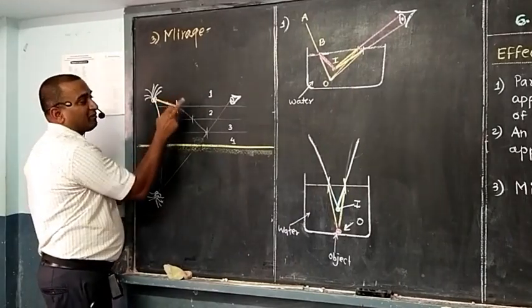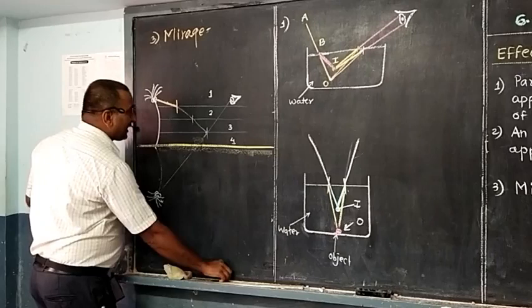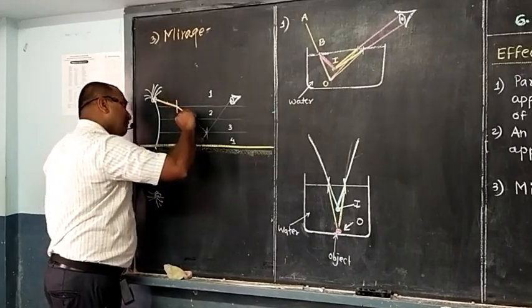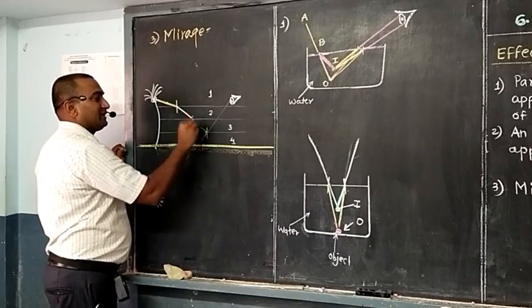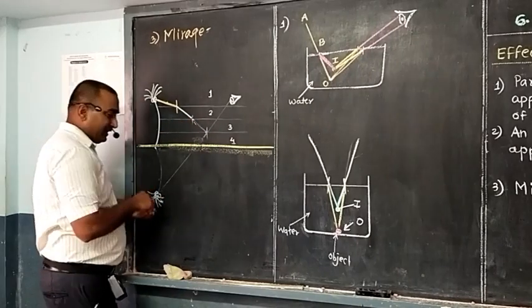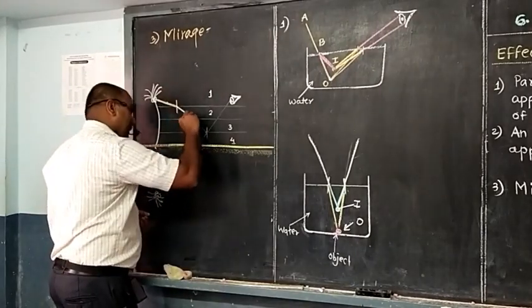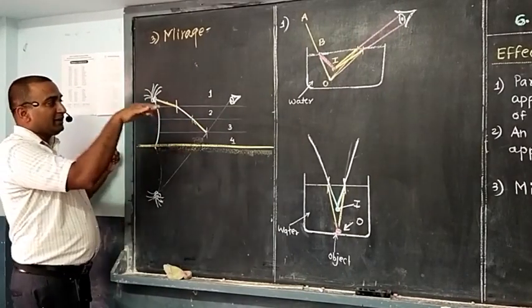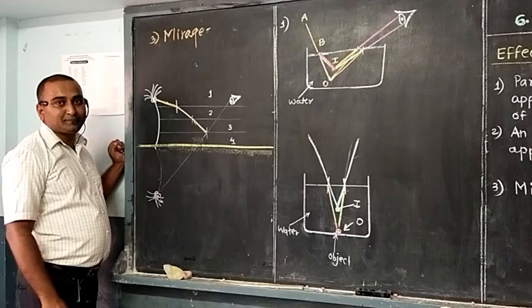When light travels from a rarer medium to a denser medium, the ray should go straight, but it bends away from the normal. Again in the second layer it bends, and then reaches the third layer, bending downward, downward, downward.